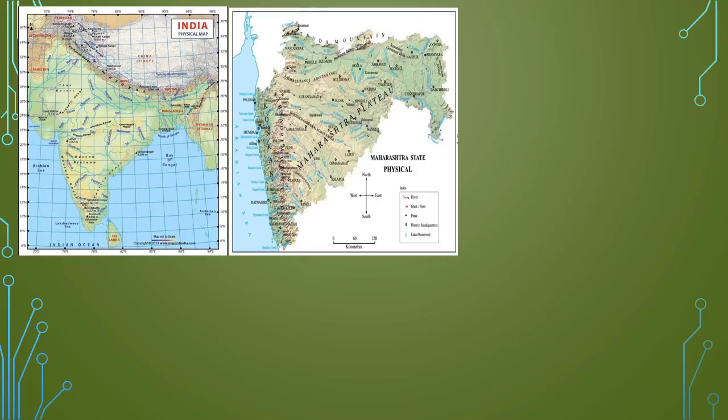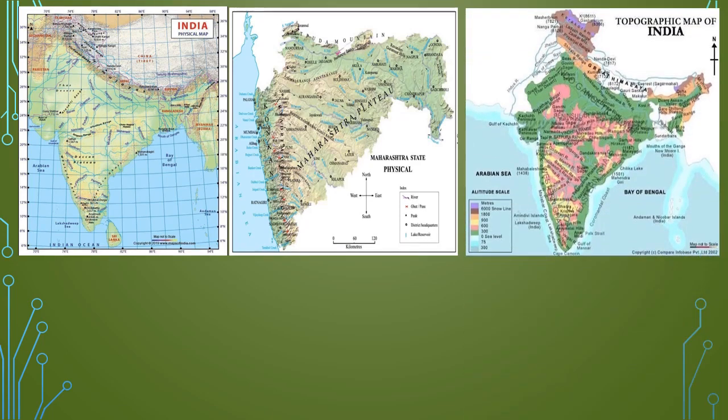Look at these physical maps of India and Maharashtra, which show mountains, plateaus, coastal regions, etc. What do the different colors on your map indicate? Any guesses? Right, on physical or topographic maps, the different colors are conventionally used in this way.